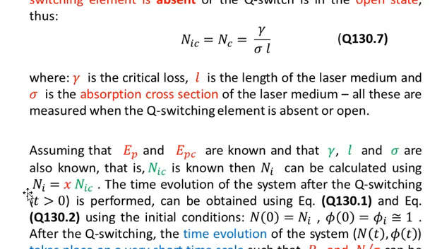So the maximum value of the inversion, or the value of the inversion just before the Q switching process, or at the time the Q switch is made open, is known. So Ni is the inversion at which the Q switch is made open.